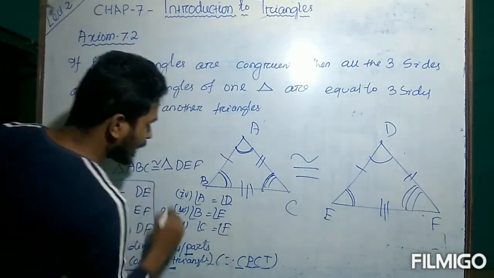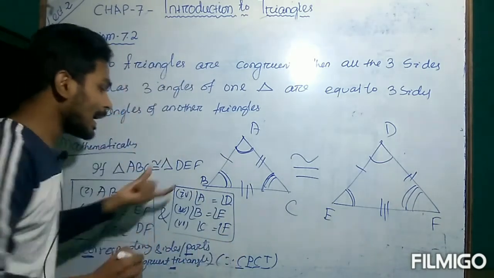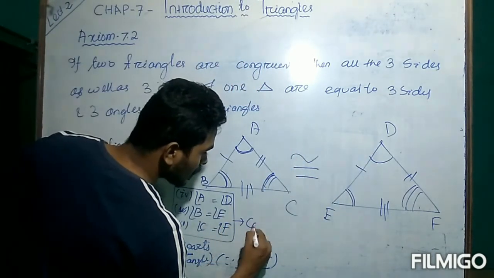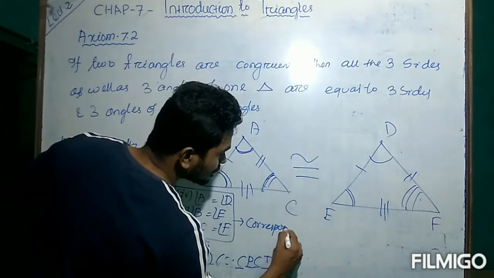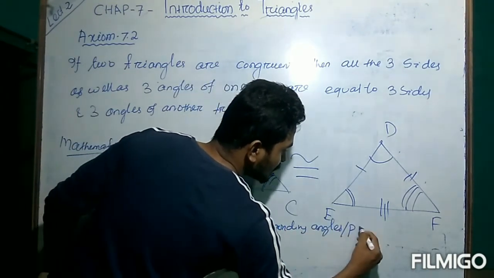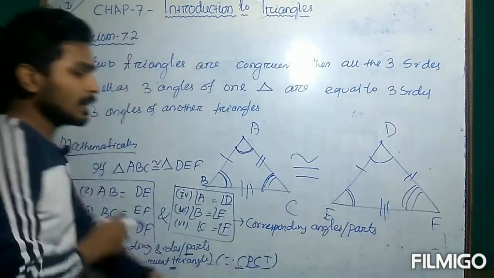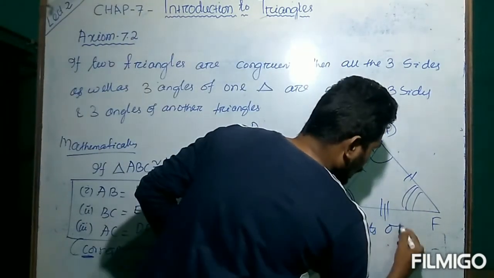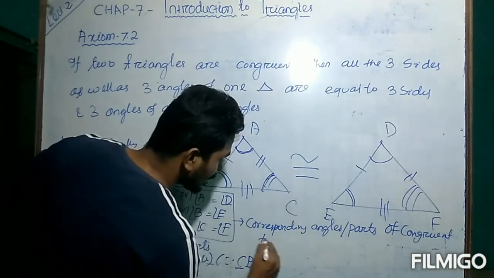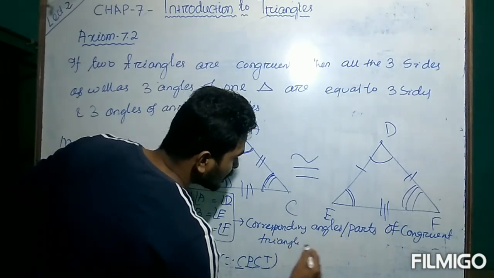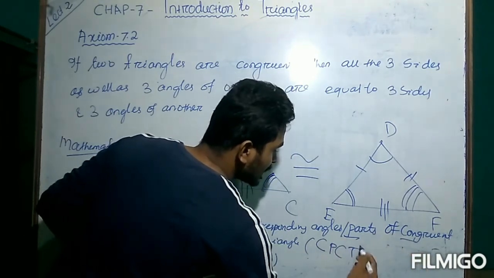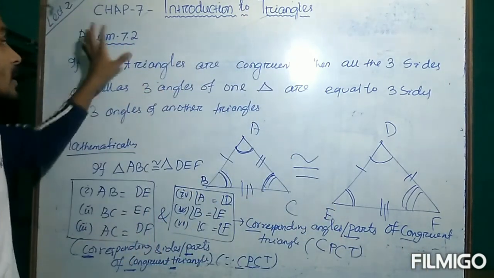Angle F. Hence, these are the corresponding angles of congruent triangles. Okay, so these are the corresponding angles, or you can say parts, because they are the parts of the 2 triangles. They are the corresponding parts of congruent triangle, or in short form you can write CPCT. Okay, this is the axiom number 7.2.